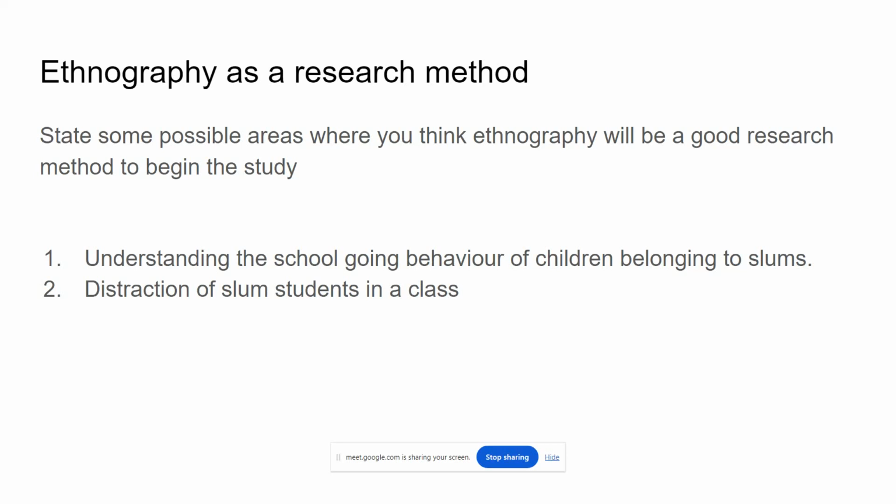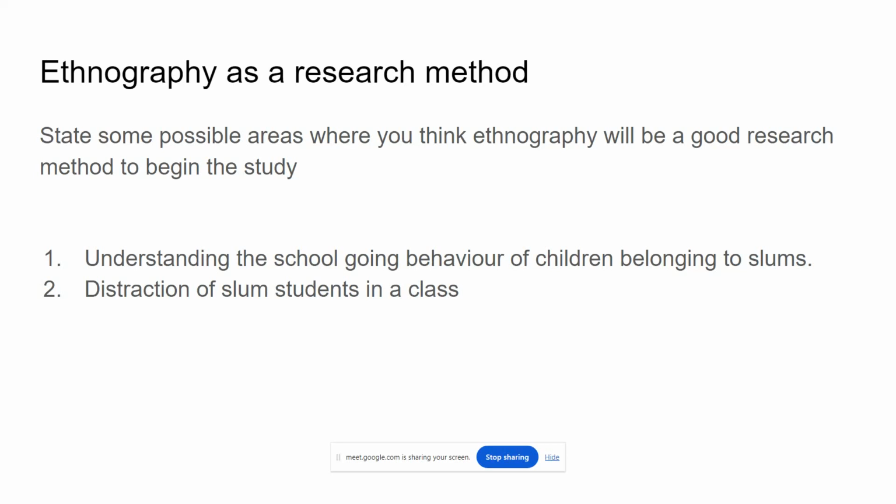The school is of utmost importance here again, but the first area would have involved both school and the slum as their major context or field. But in the distraction aspect, it becomes more of a classroom setting where a student is in that environment of a class, and then it is more of what is going on in their heads, right?